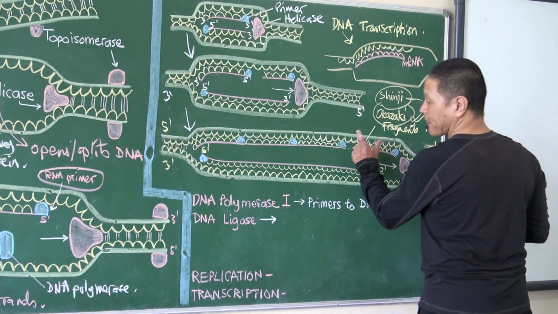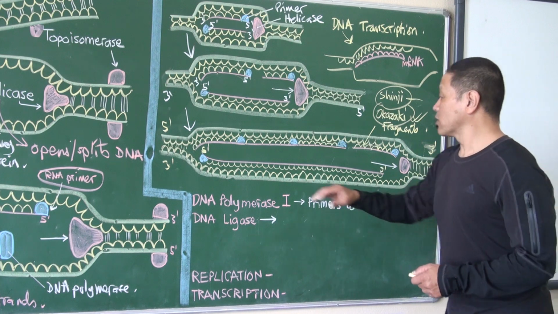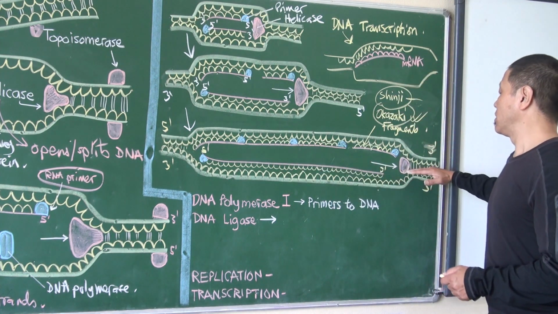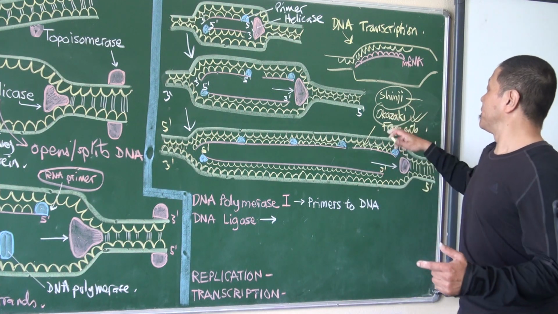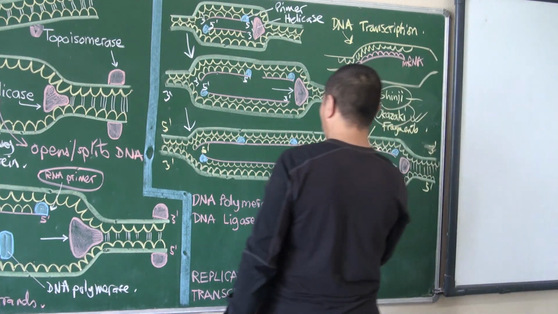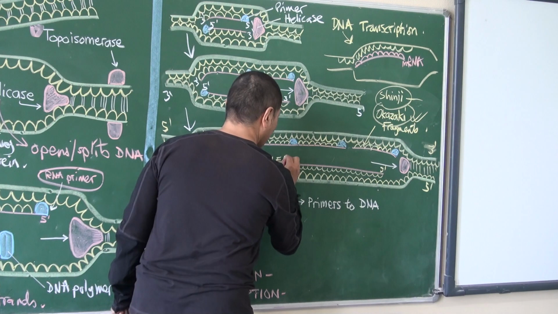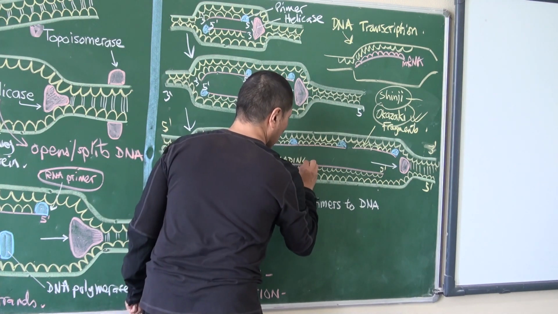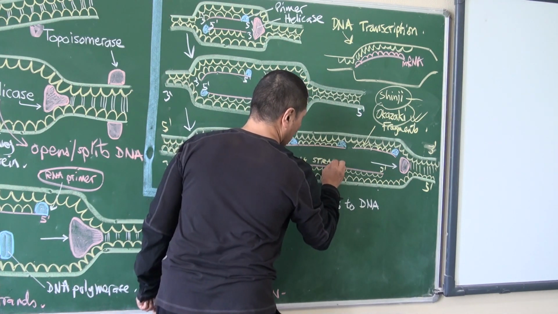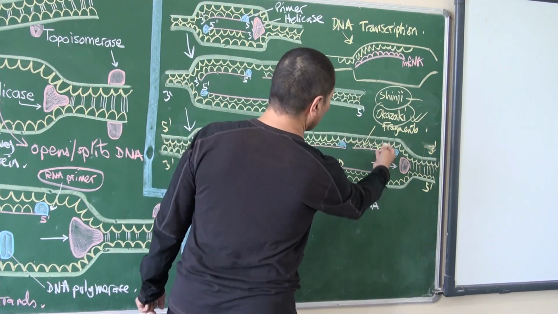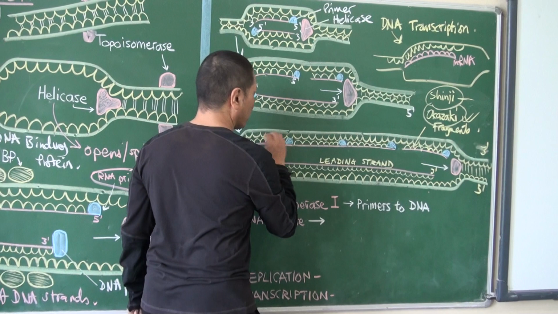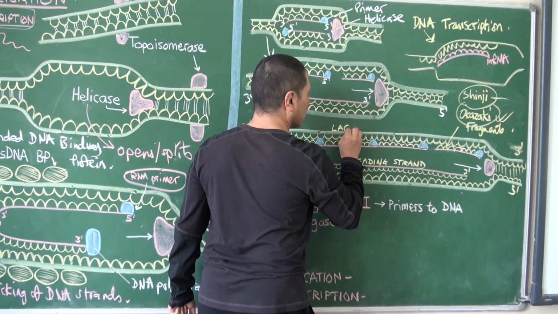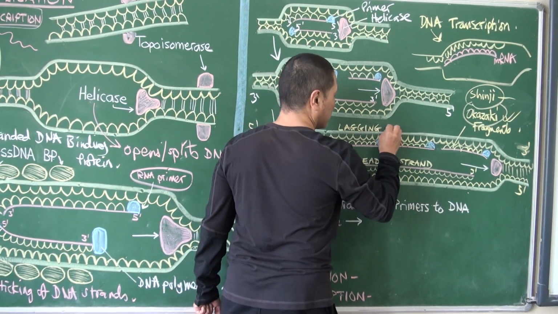Okay, so here we are. The other one is copied at a stretch. So this one, which does not have any fragments, is known as the leading strand. And the other one, where you have opposite fragments, this strand is called the lagging strand.